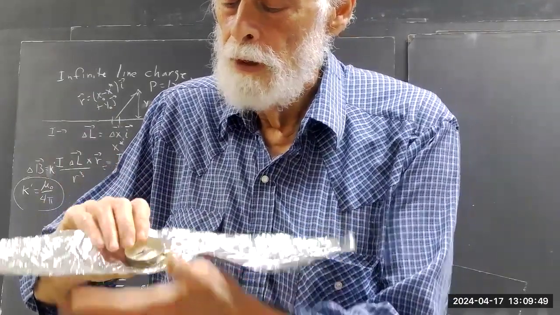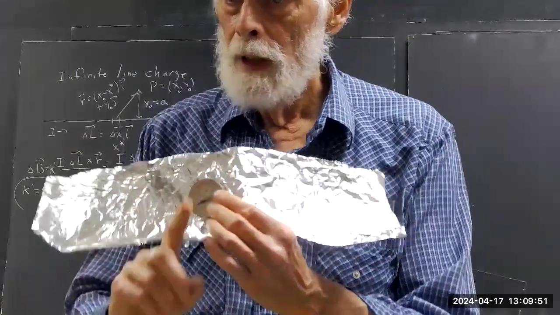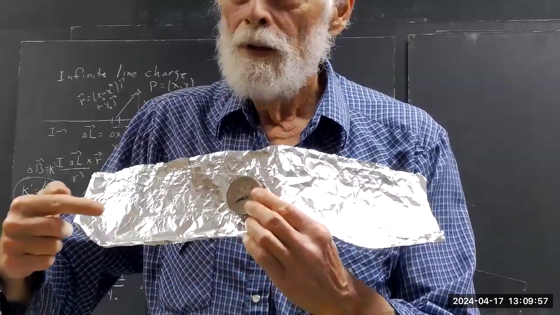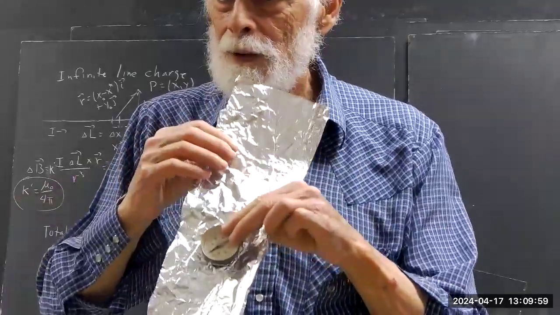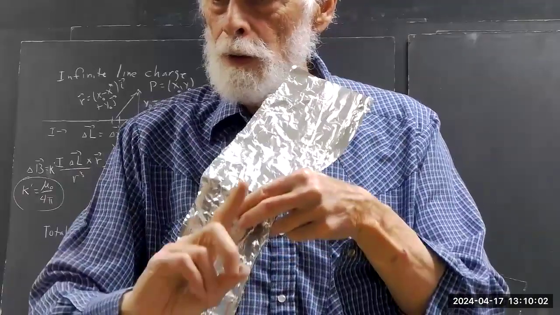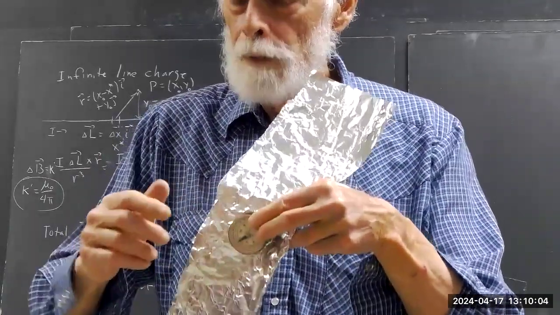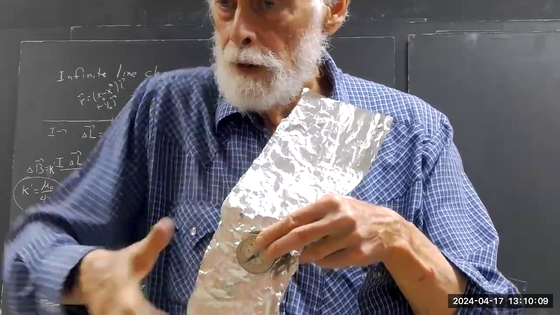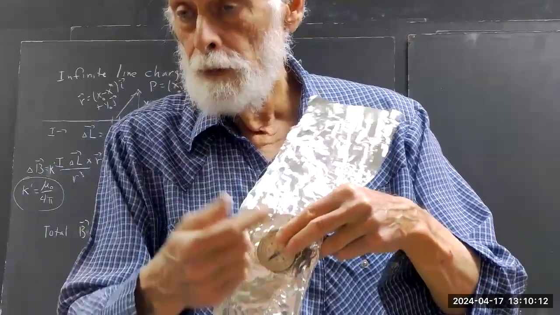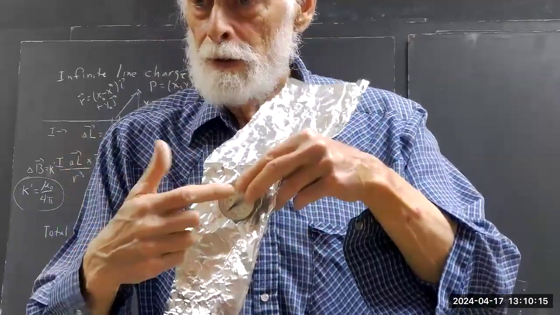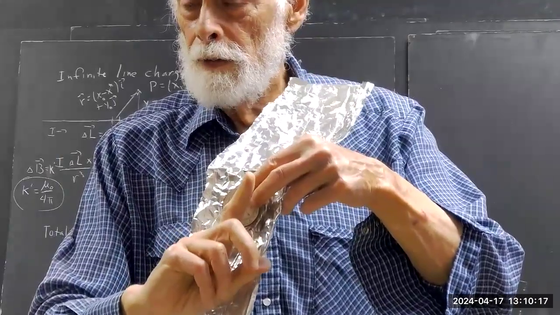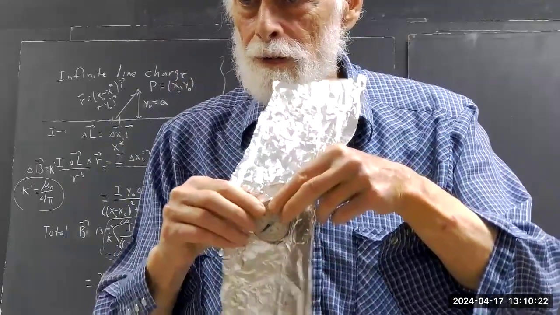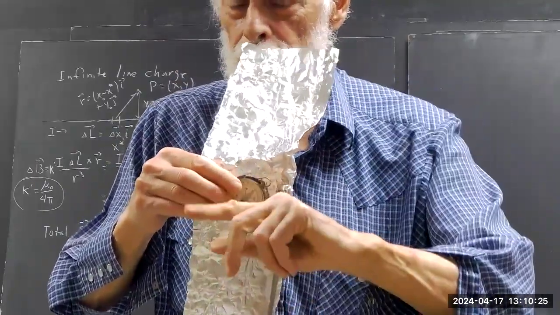Now, if the orientation was like this, and north was in this direction, the current is in this direction, so each wire produces a magnetic field around in this direction, and the compass would deflect from north toward this direction.